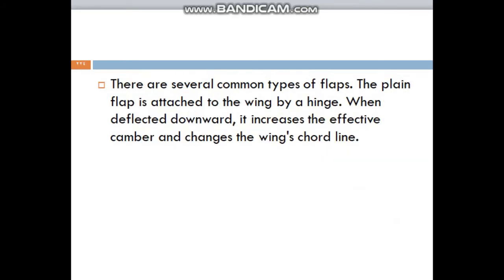As we talked before, there are several common types of flaps. The plain flap, and this is the first type, is attached to the wing by a hinge. When deflected downward, it increases the effective camber and changes the wing chord line.